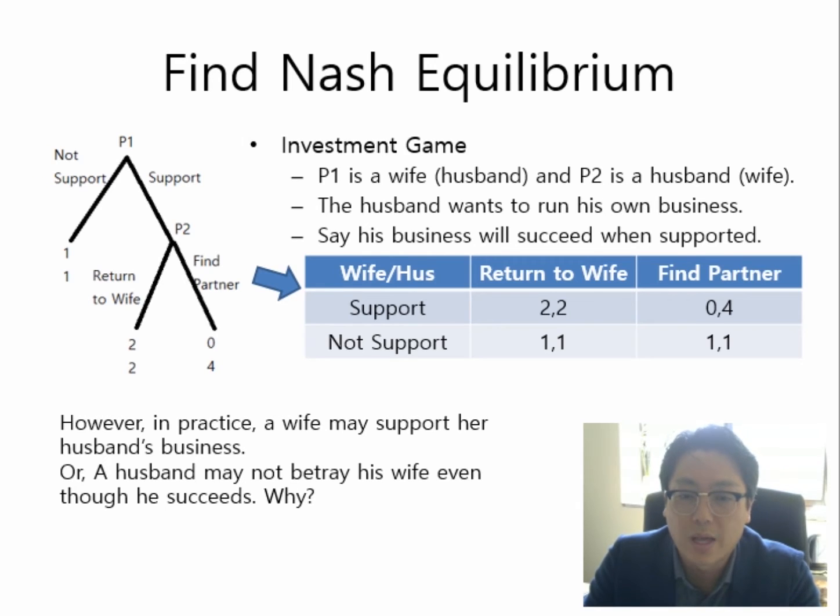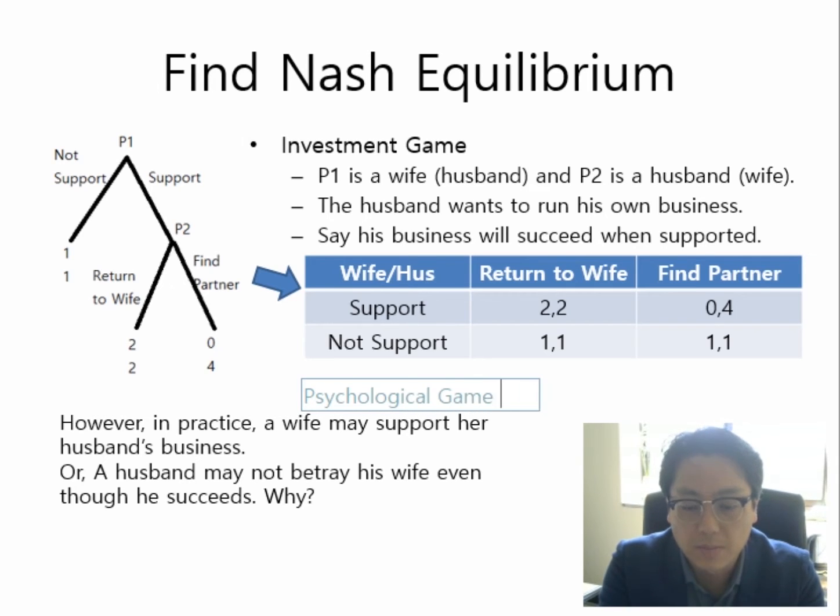We need more, like guilt or social norms, that are not implemented here in this game theory. I'm not saying there is no game theory which deals with that kind of thing. There is game theory which deals with it. That is also called psychological game theory.